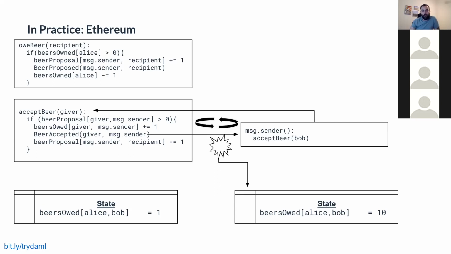So Daml actually has another way to do transactions. You can make them non-consuming, and in that case, UTXOs can persist, and they would function a lot more like accounts. So if you needed that type of functionality for certain things, you can definitely do it.